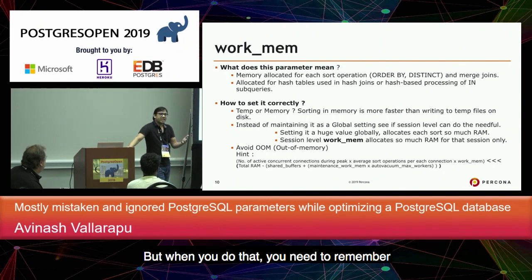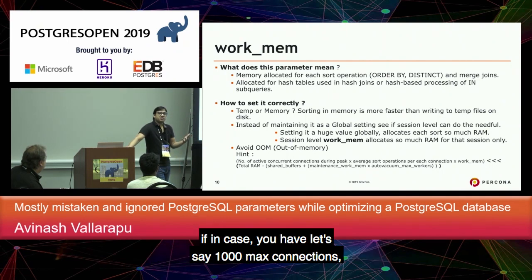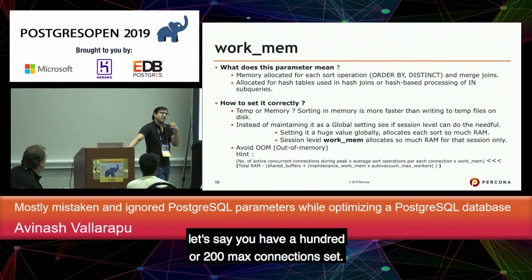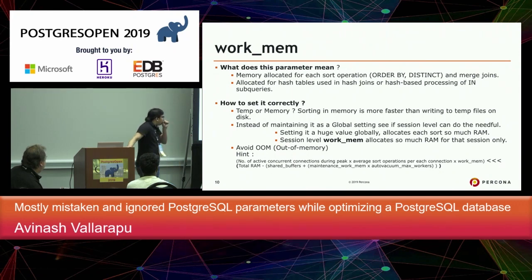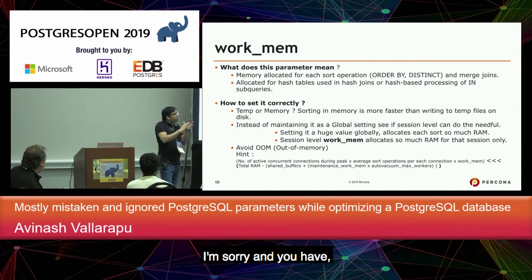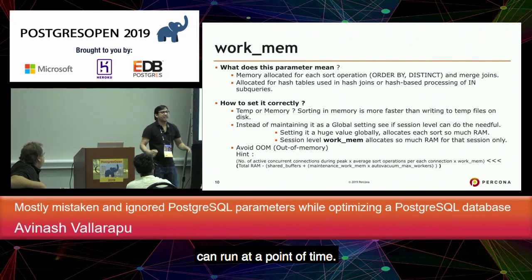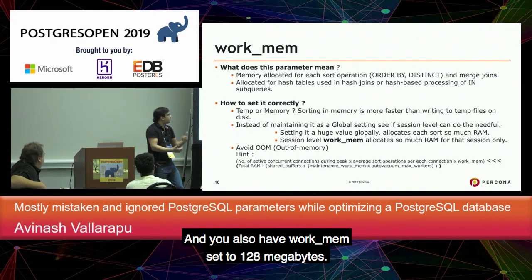But when you do that, you need to remember, if you have, let's say, 1,000 max_connections, which is maybe not the right number, let's say you have 100 or 200 max_connections set. That means that many concurrent connections can run at a point of time. And you also have work_mem set to 128 megabytes.